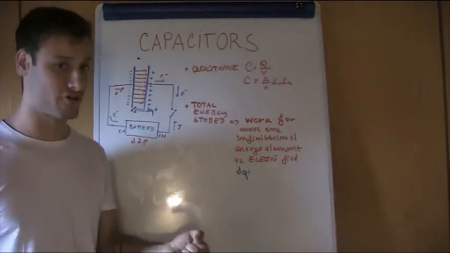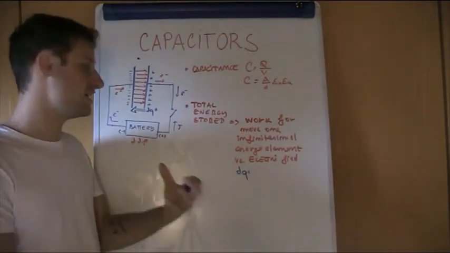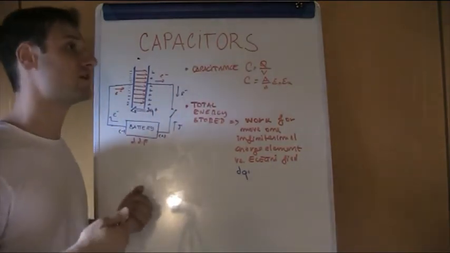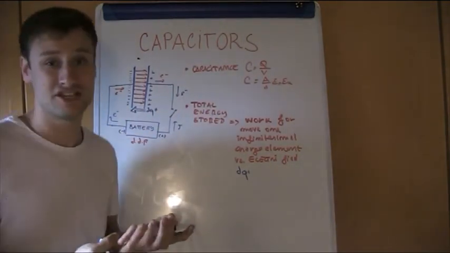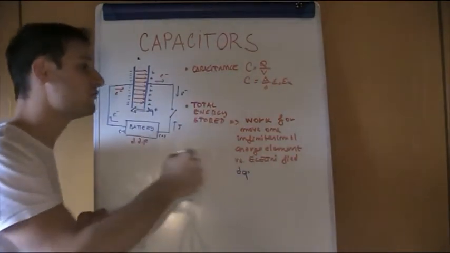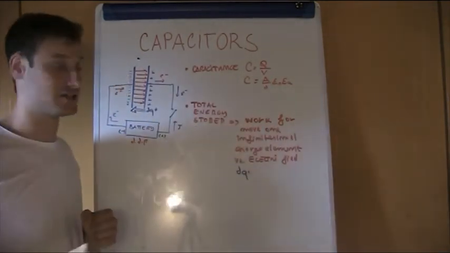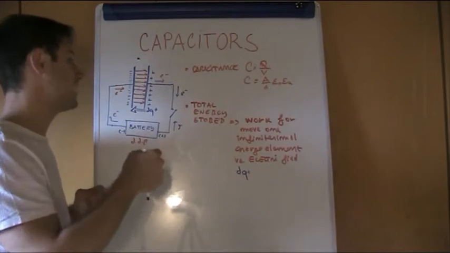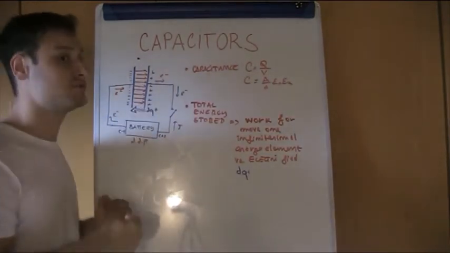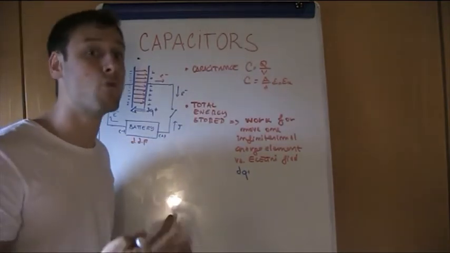The effort required to do this action, the difficulty in taking this and moving it fighting the electric field, is obviously a function of how strong the electric field is. The stronger the electric field, the more important the effort to take this charge and move it against the electric field. But obviously, if the electric field is stronger, it means that we have a higher voltage, it means that we have a higher amount of charge, it means that we have stored more energy.